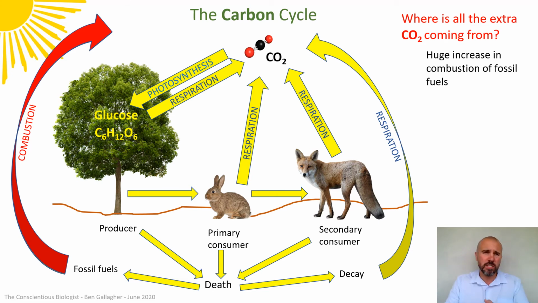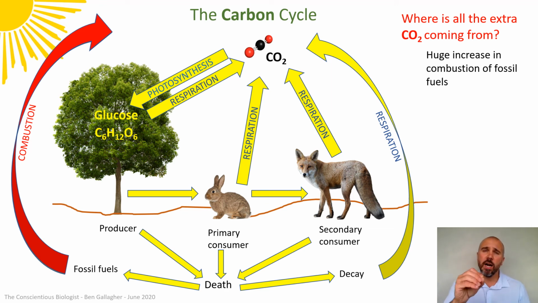I'm talking to you through a computer, over the internet, through the medium of electricity. We need all that energy to live the life that we've got used to. But there's a price for that. We have to get that energy from somewhere. For the last few hundred years, we have been getting it by burning fossil fuels. We need to start looking at other energy sources, solar, wind, geothermal, all those things, to try and replace it and reduce that combustion arrow.